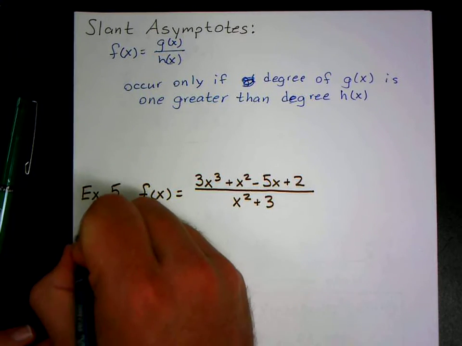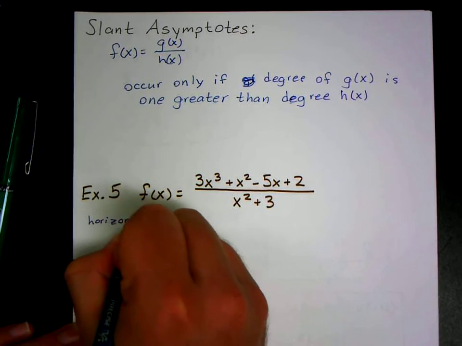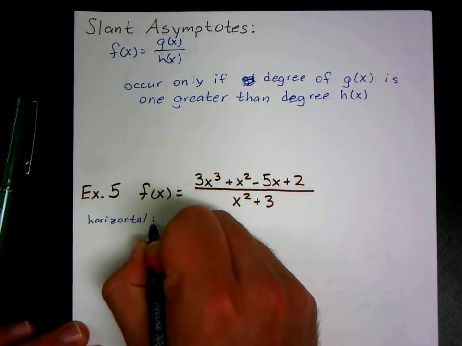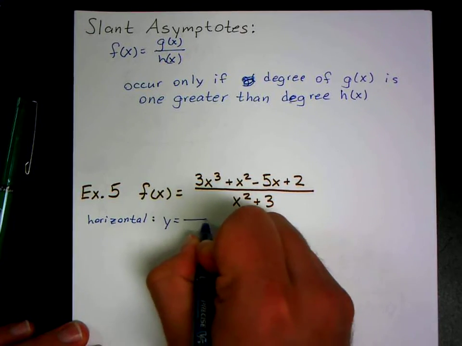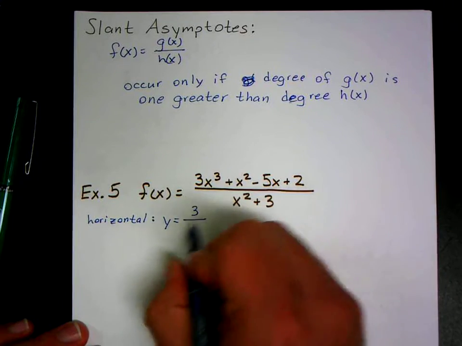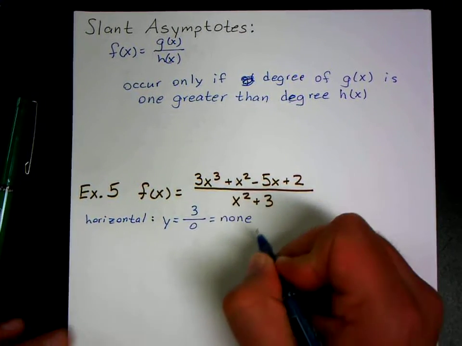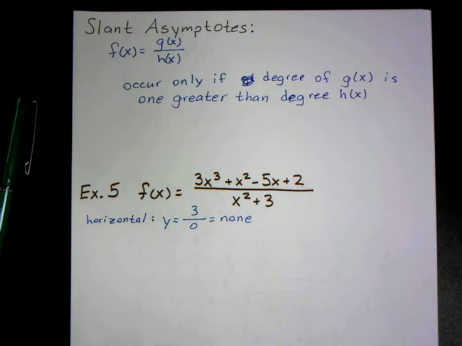Because if I was trying to do horizontal asymptote of this one, my largest power is x cubed, so on the top there's a 3, on the bottom there's a 0. So in order to have a slant asymptote, we cannot have a horizontal asymptote. If you have a horizontal asymptote, you never have to worry about a slant asymptote. It only occurs if there's no horizontal.